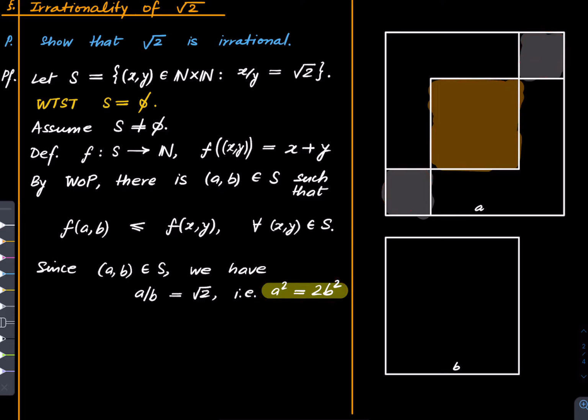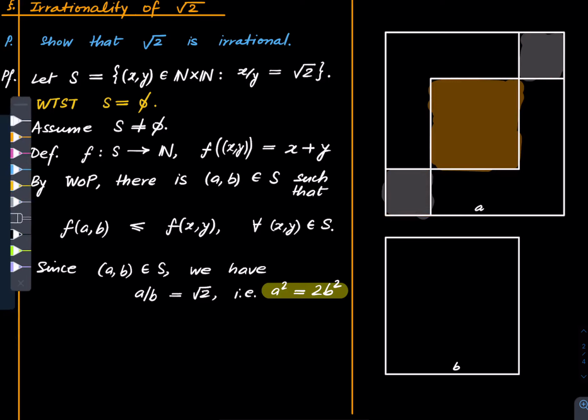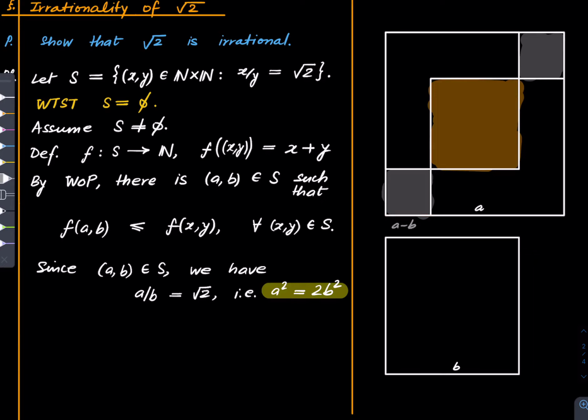And once you agree with that, let us figure out the expression for the orange area and the gray area. So both of these are just squares, and this is also a square. So let's just find the side length. What is this side length? This is a minus b. Maybe I'll write it here.